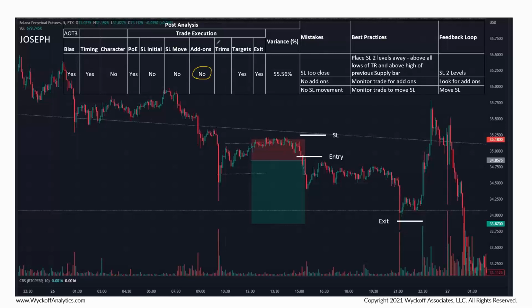Okay, trims. Well, that one is interesting, Franz, because again, my preference would be to trim here and then maybe to add here. What do you think? Yeah, I see that. And I think an intraday trader is going to be very in tune with each of these bars and seeing what's going on.